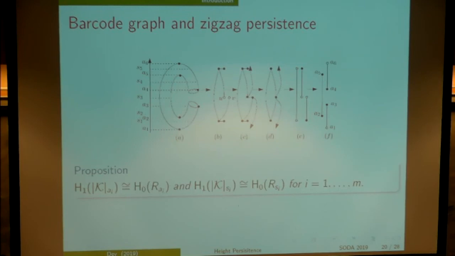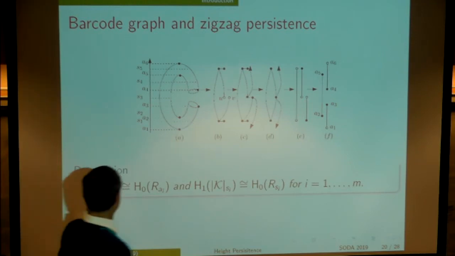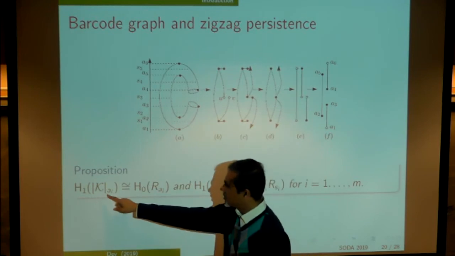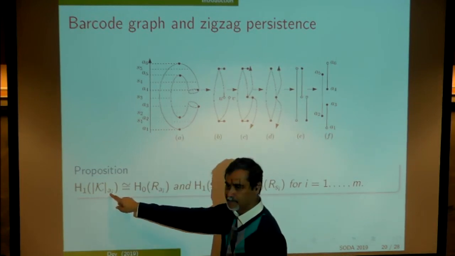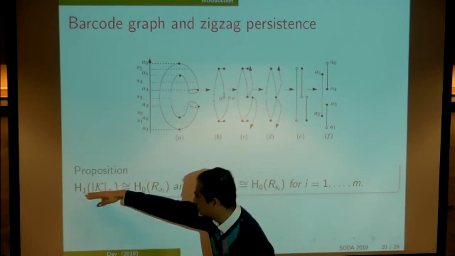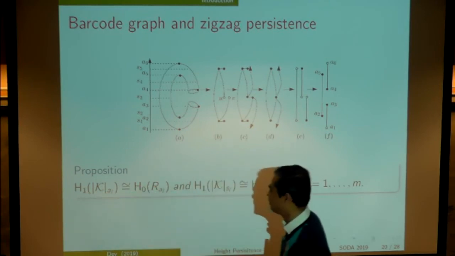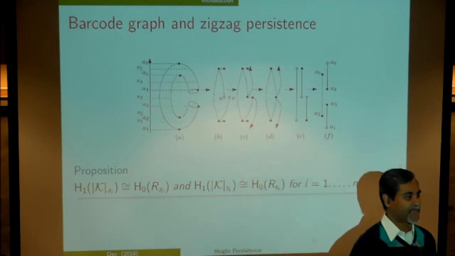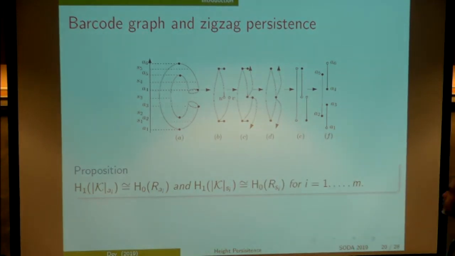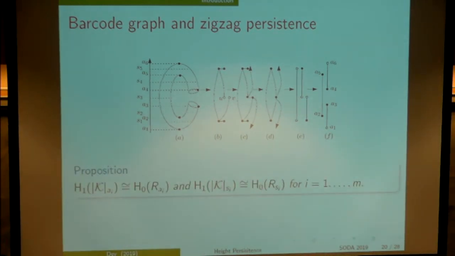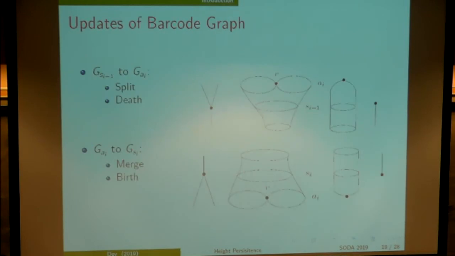First you show, and this is not hard, that the way I have constructed it, the cardinality of the basis of H1 at the critical level a_i is exactly equal to the H0 of the graph at a_i. If you go back, that was the motivation for why I constructed it like this.